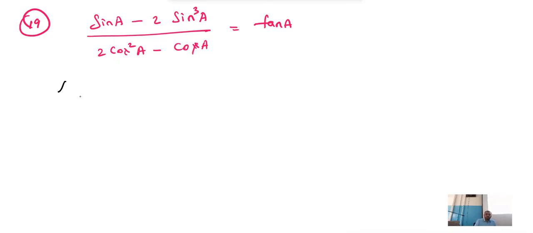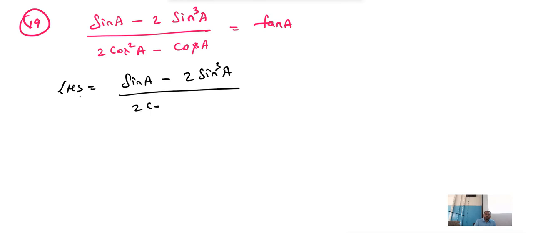LHS is very easy. Correct? Sin A minus 2 sin cube A over 2 cos square A minus cos A. As we can see, both the sides we have sin. So sin A common.